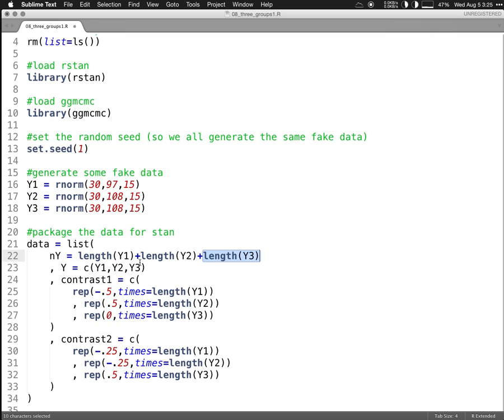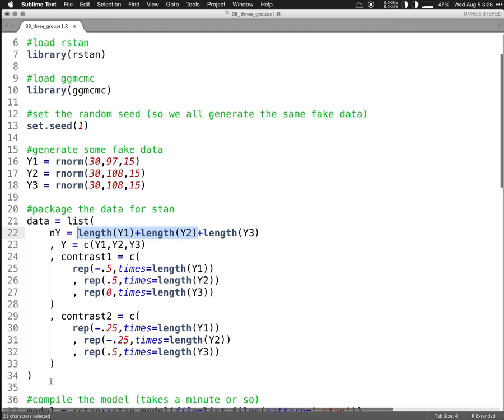So that's what this contrast coding will achieve. The first contrast will code the difference between the first two levels of y, and the second contrast will code this orthogonal contrast, which is the difference between y3 and the mean of y1 and y2.